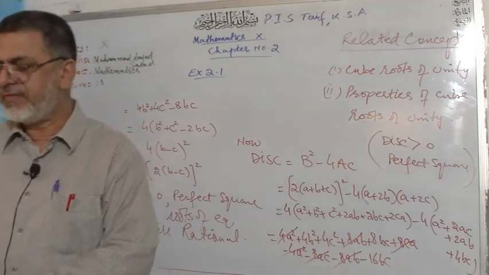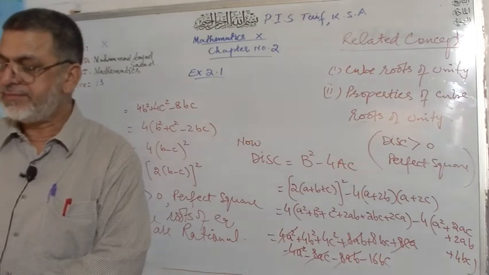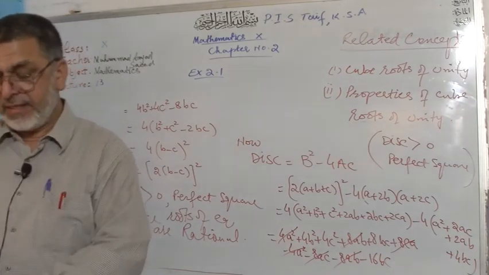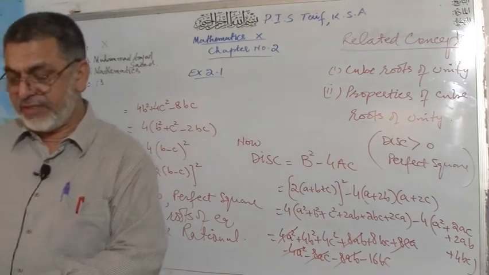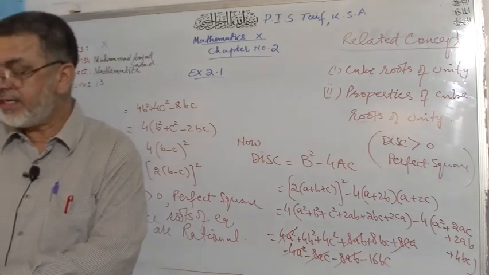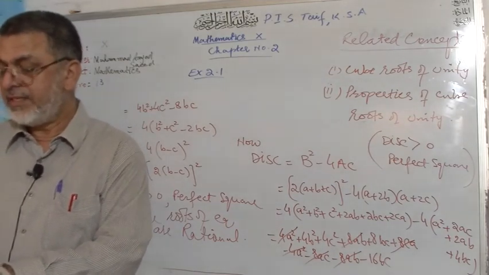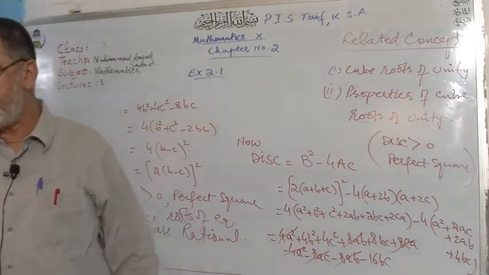After that, we have your question number 9 and 10. Question number 9 is for all values of k, prove that roots are real. And similarly, in case of question number 10, show that the roots of equation are real.